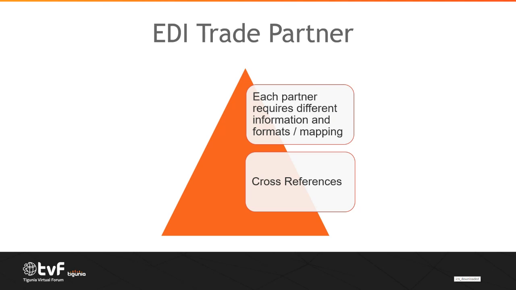I need this element." So even though the EDI file has the same format, each partner uses it the way they want and uses the information they need or want.